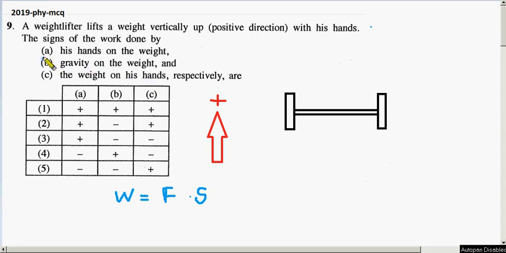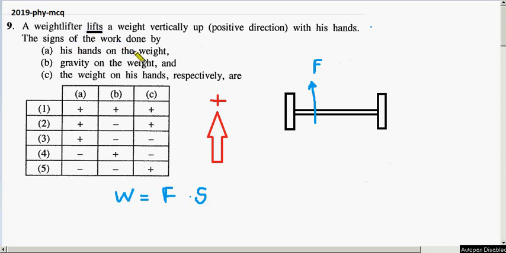The statement A, his hands on the weight. What do his hands do? Hands push the weight upward. So the force given by the hands is directed upwards. So what happened to the weight?